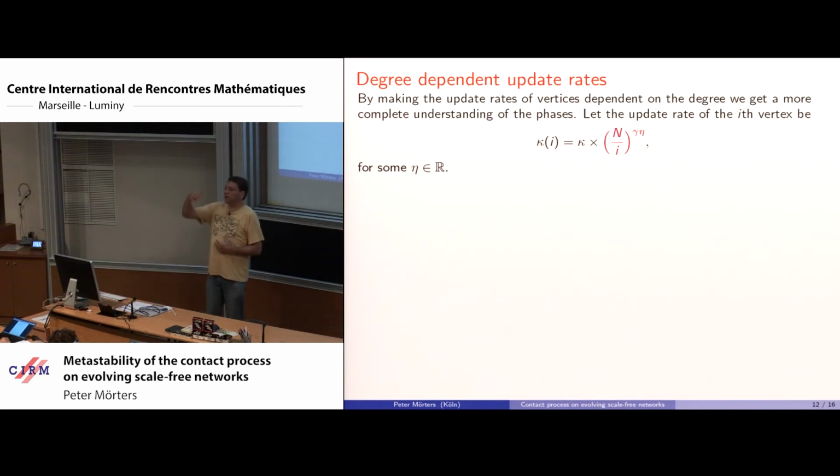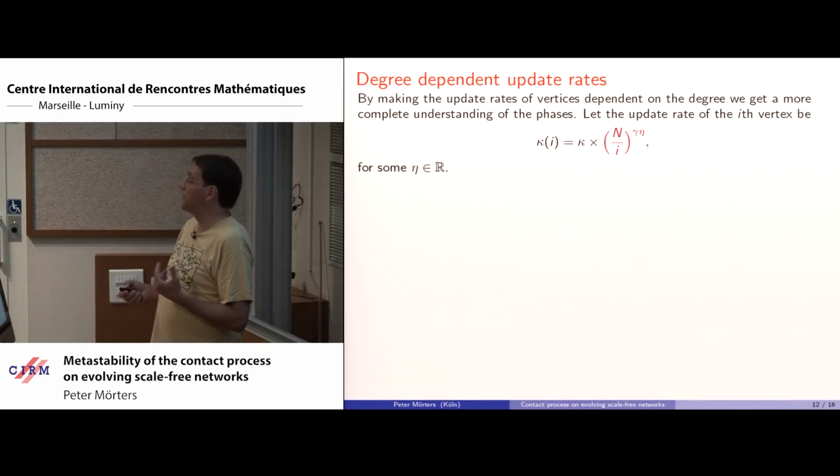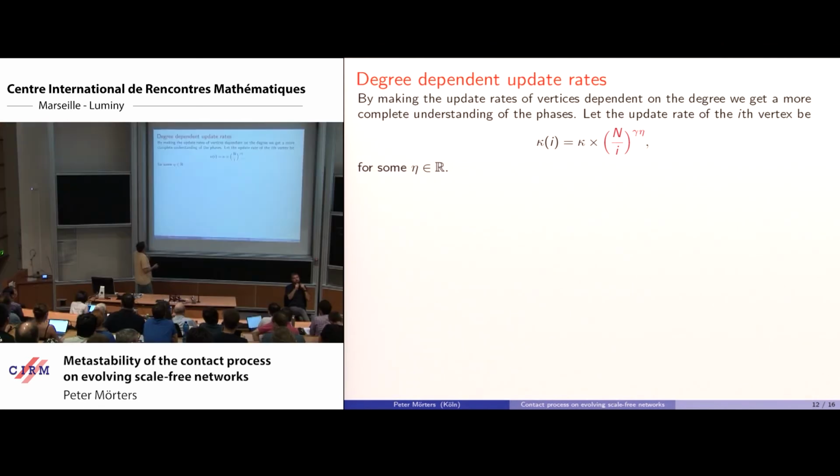Now we want to interpolate between these situations, and in order to do so, we make the update rate of the vertices depend on the degree, or more precisely on the rank or the typical or the expected degree. So vertex number i updates now with the rate kappa, that's an irrelevant constant, multiplied with (n over i)^gamma, that's the typical degree of vertex i, to a power eta.